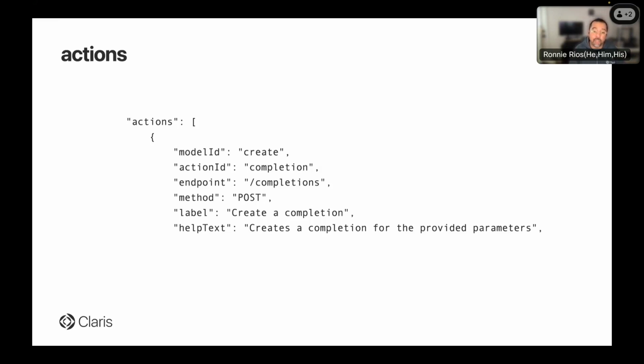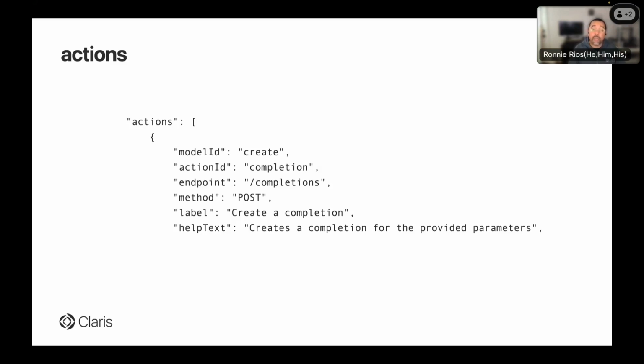We read that from the documentation. Then the label is what we want to show up in the UI. In this case, we're just going to name it create a completion. And then the help text, which is just a description that the user is going to see. Now that's our action at a high level. Those are the metadata fields for the action.